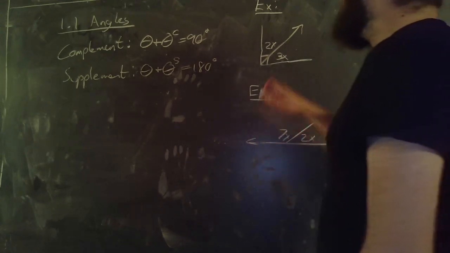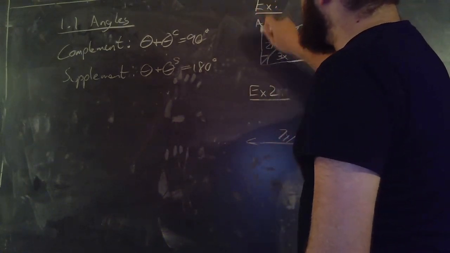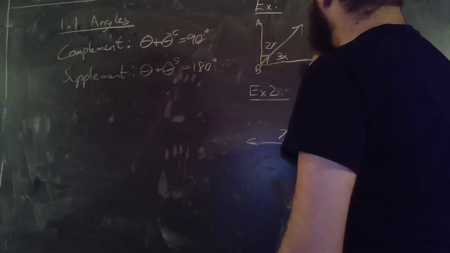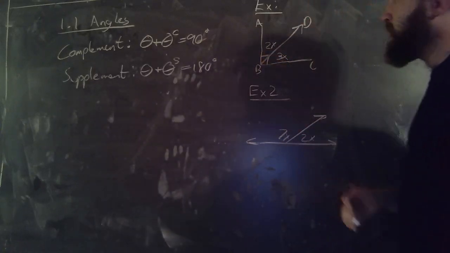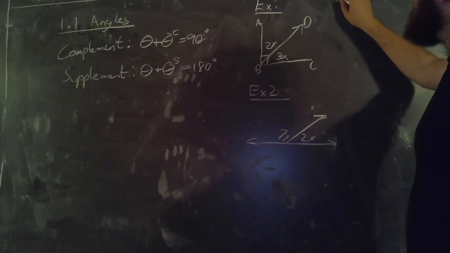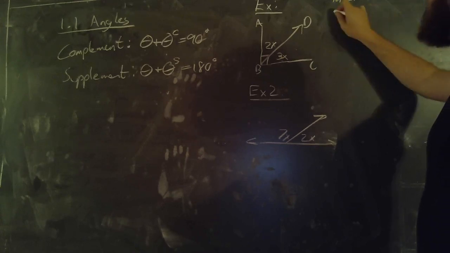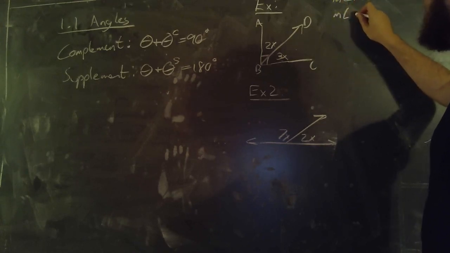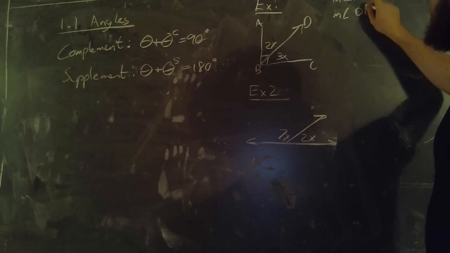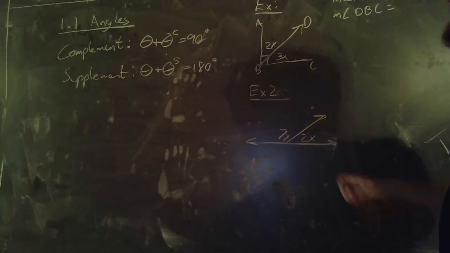I could even go a step further and name these. This could be A, B, C, and D. So this wants us to find what the measure of angle ABD is equal to, as well as the measure of angle DBC. What is this angle and what is this angle?